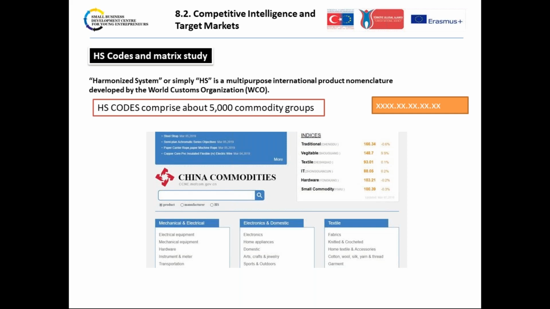Maybe you can ask why China? You know, one of the biggest foreign markets is China, both in export and import. So I think if China doesn't know it, no one knows this. They export and import every product. So it's very easy to assign your product's HS code from this website.